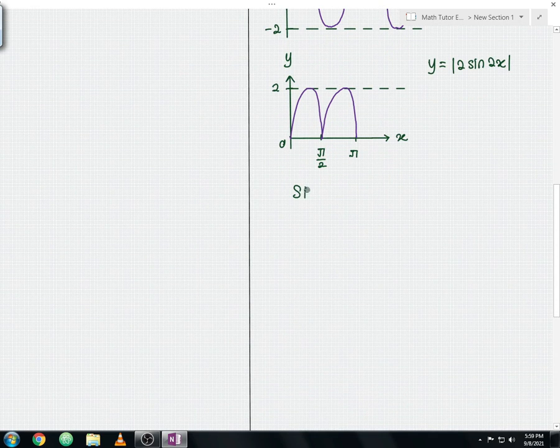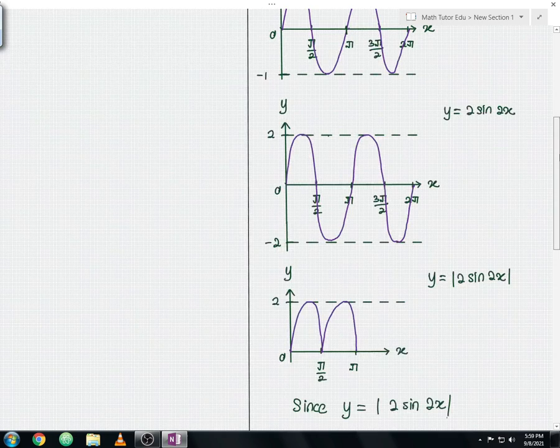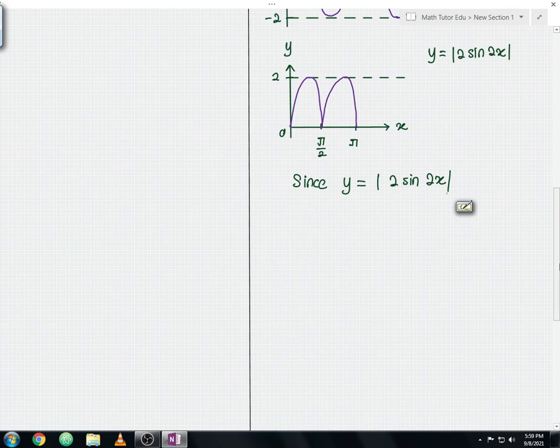So since y equals to modulus 2 sine 2x, if you take a close look at the equation over here, it mentioned sine 2x. So we need to change this expression from 2 sine 2x into sine 2x. So how are we going to do that? It is very simple, guys.